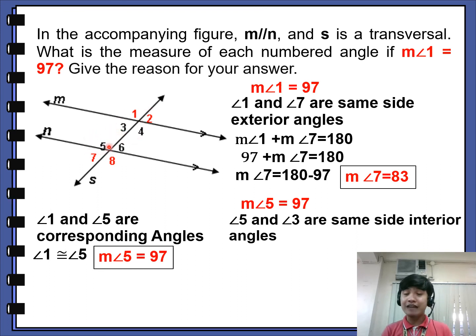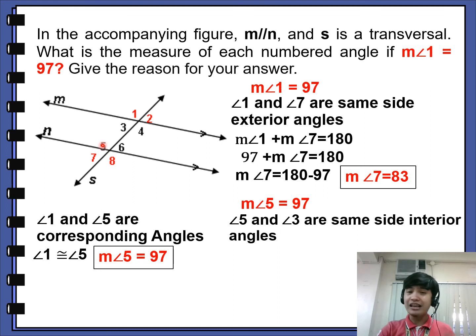Pag sinabi po nating same side interior angles, sila po ay dalawang interior lying on the same side of the transversal. Adjacent angles at the same time nasa isang side lang ng transversal. Adjacent po si angle 3 at si angle 5, parehas na nasa left side.